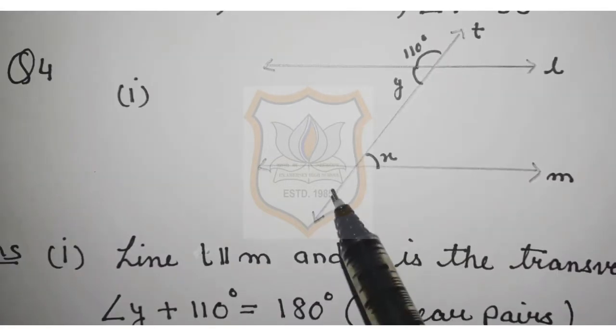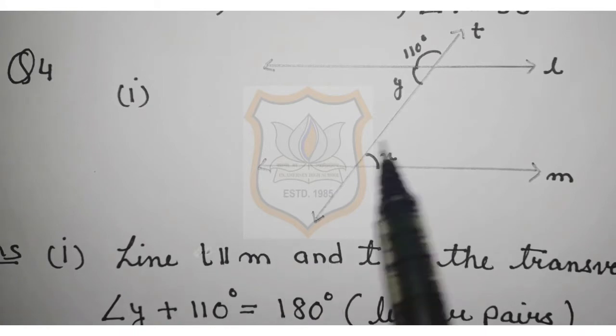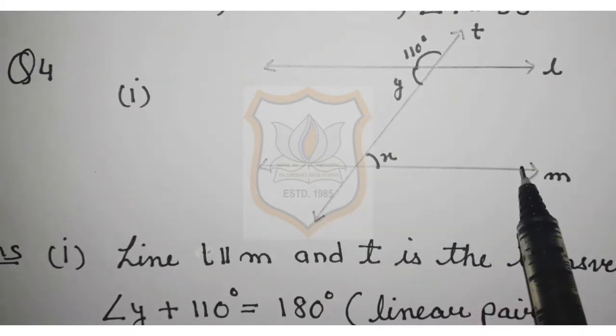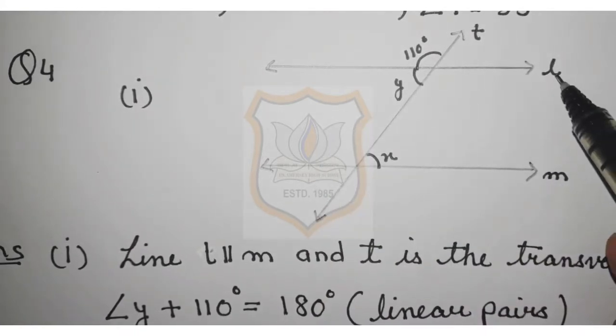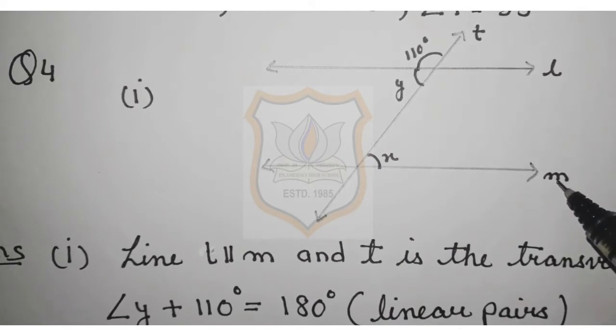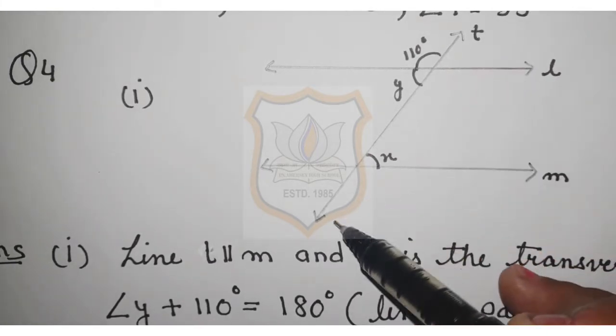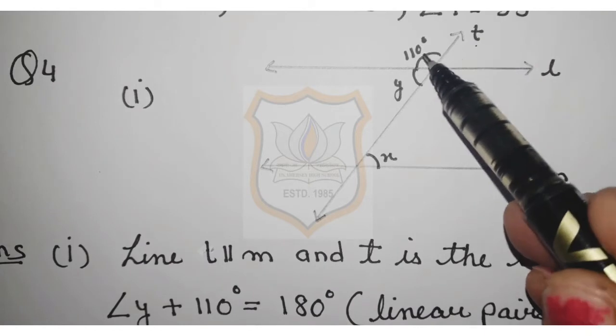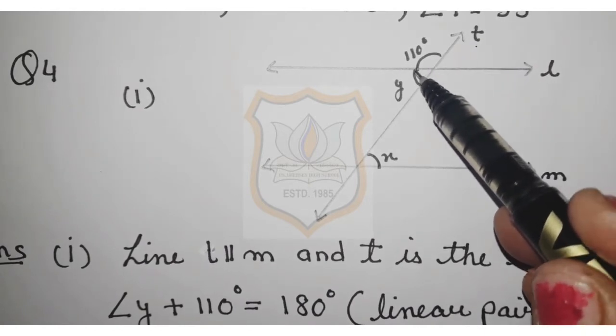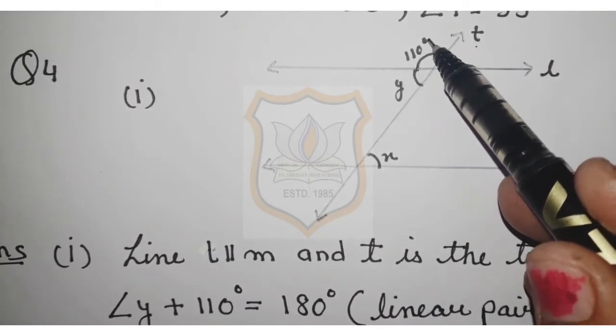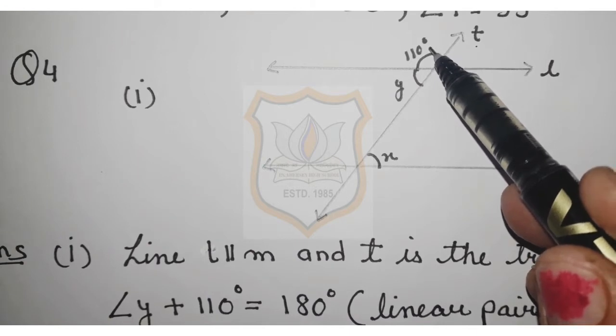So students, let's solve the first part of question number 4. Look at this figure very carefully. In this figure, line L is parallel to line M, and this line T is a transversal. This angle is 110 degrees, which is given in the question only.